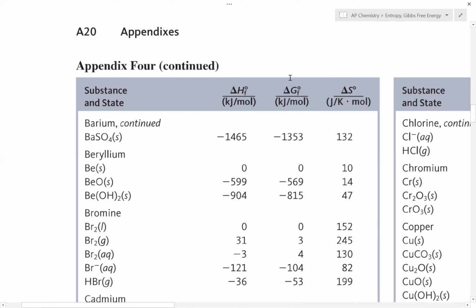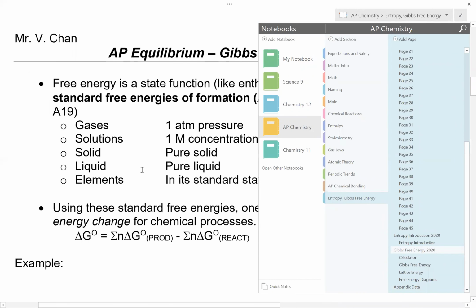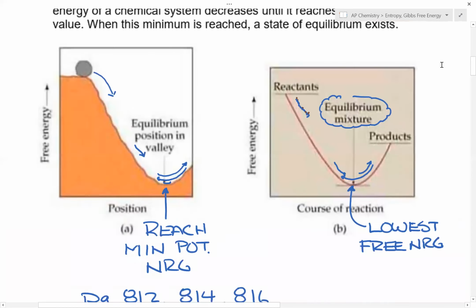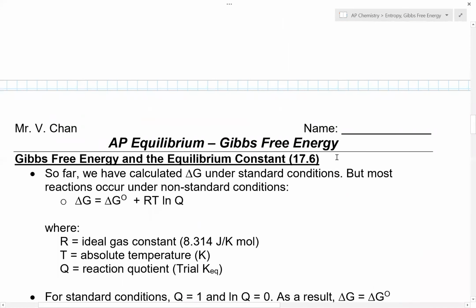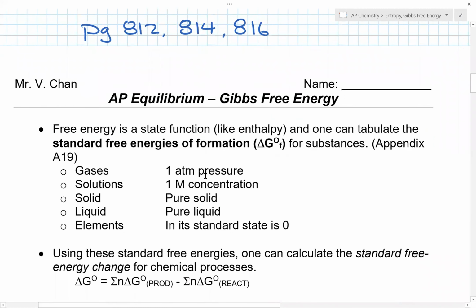Again, the little circle at the top means that it is standard conditions. When you read through this, everything is pretty straightforward. But notice that an element in its standard state is 0.